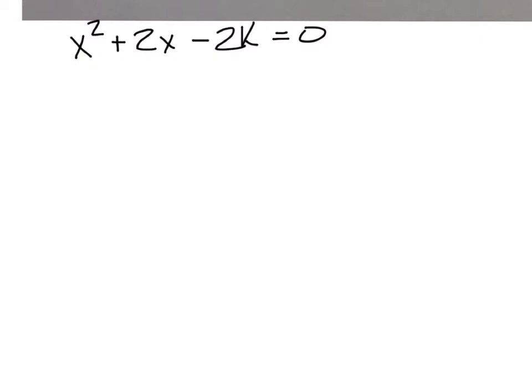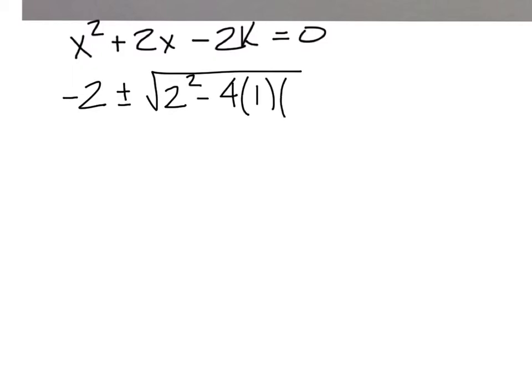Alright, so we'll do the quadratic formula. Negative 2 plus or minus the square root of 2 squared minus 4 times 1 times C, which is -2k, and then on the bottom you'll have 2 times A, which is just 1.